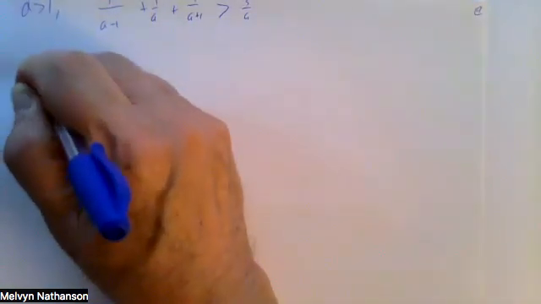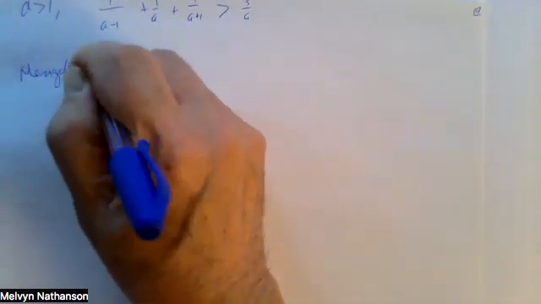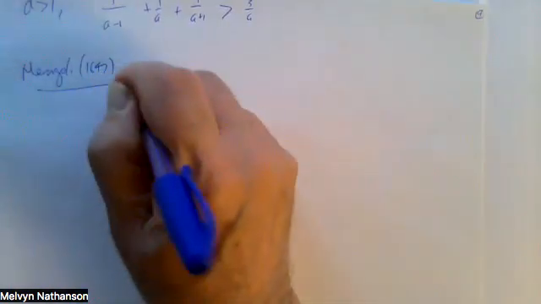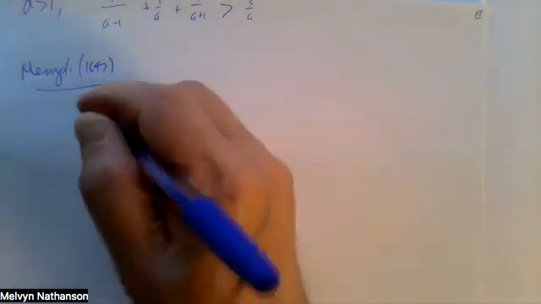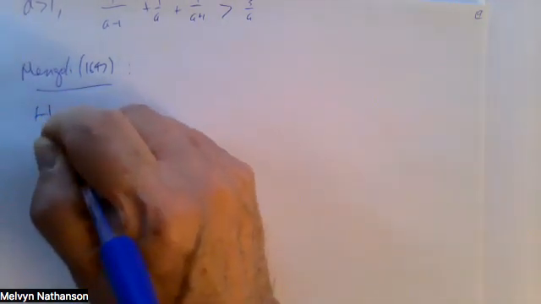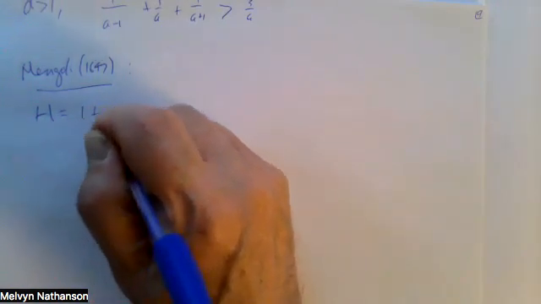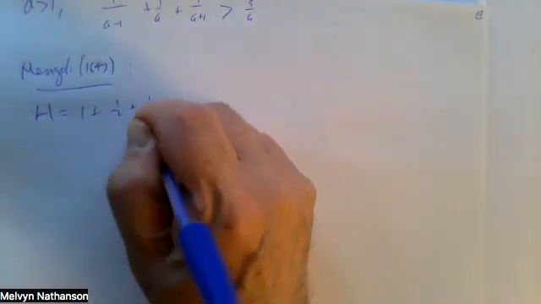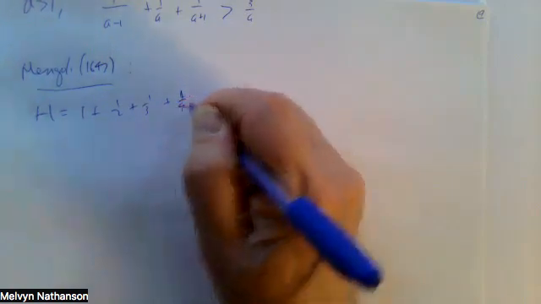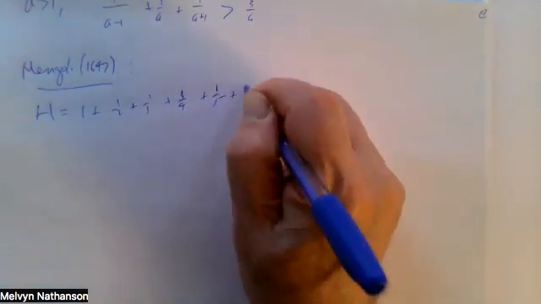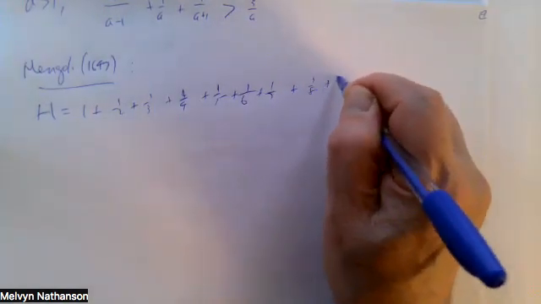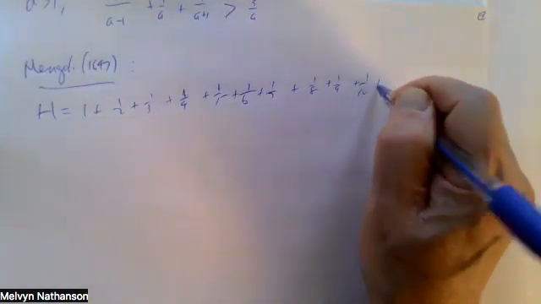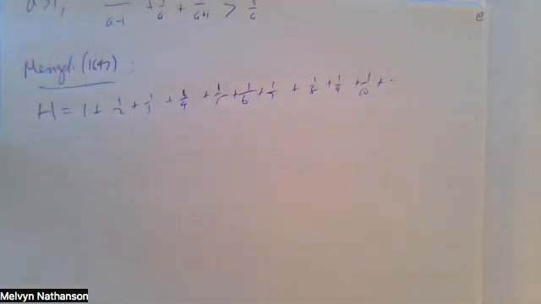So in 1647, Mengoli used this to prove the divergence of the harmonic series. So suppose we let h, for harmonic, be the harmonic series.